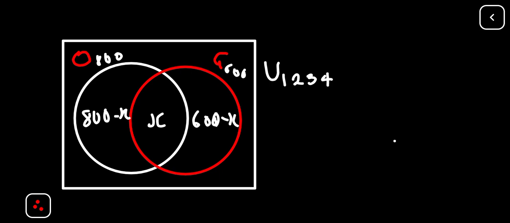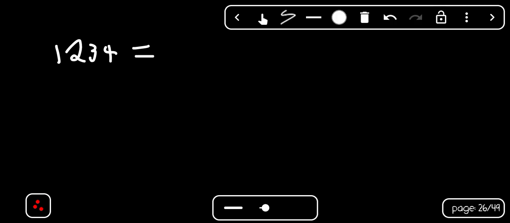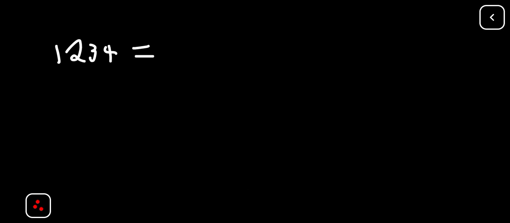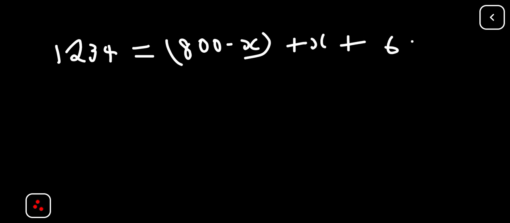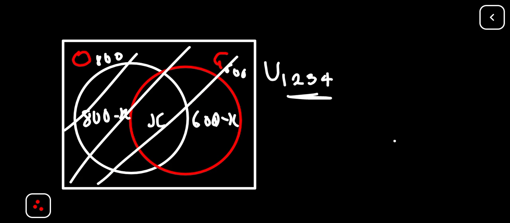Basically, everything in this Venn diagram is 1234. So 1234, which is the universal set, is equal to the first set, which is 800 minus X, plus X, the intersection, plus 600 minus X. That is everything inside here, the universal set.